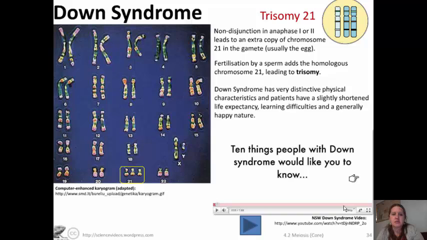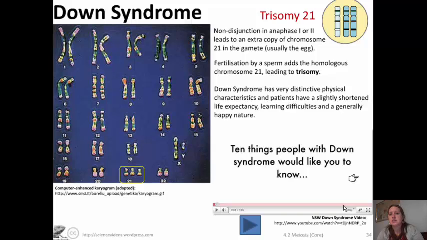There's a couple links here you could check out. This can happen because of nondisjunction in either anaphase 1 or anaphase 2, which leads to an extra copy of chromosome number 21 in the gamete. This is usually because of a nondisjunction in the egg formation.